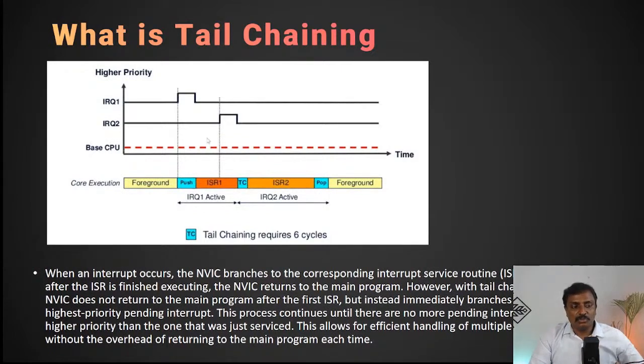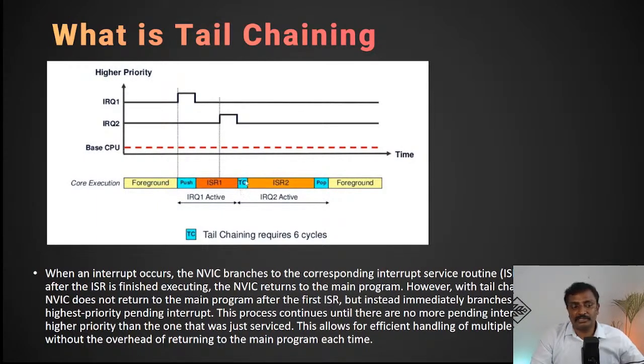Here the foreground is the main program. Whenever an interrupt occurs, when IRQ1 occurs, a push occurs, meaning stacking happens, and it services ISR1. Once ISR1 is completed, we also have IRQ2 now, so it goes for tail chaining.